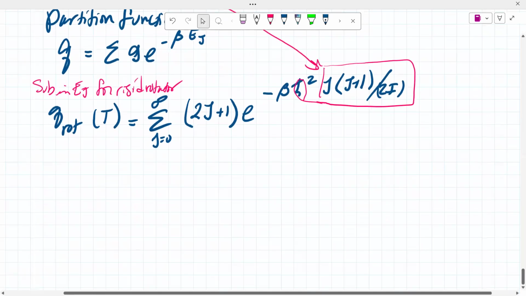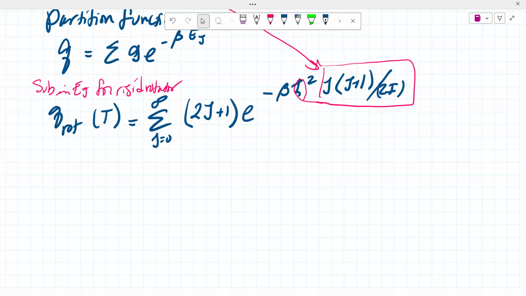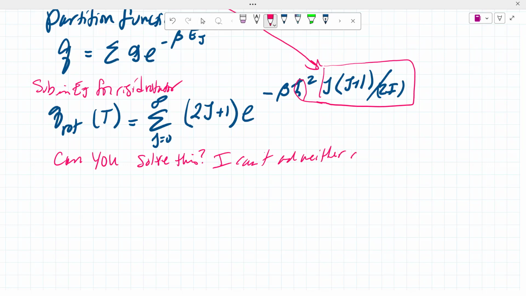So the problem is we can't solve this by any expansion method that we know. Do you know how to solve this? Can we solve it? We can't, and neither can anybody else.